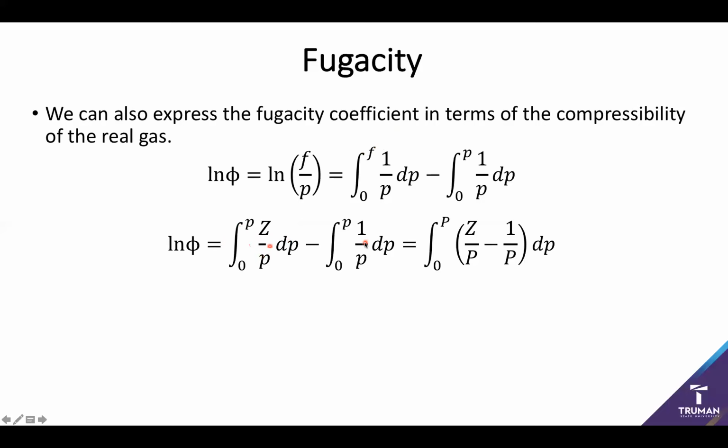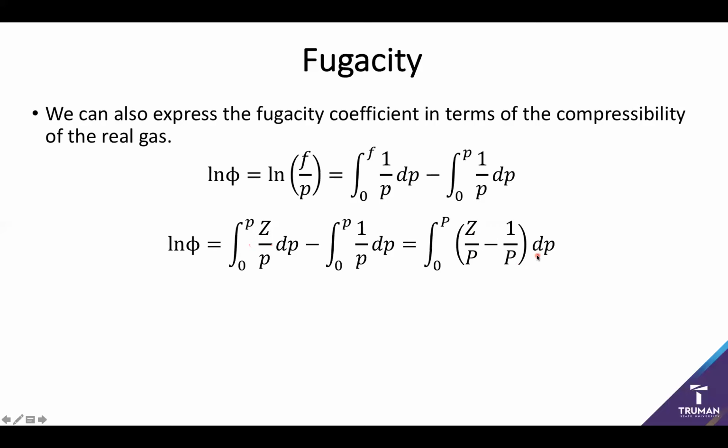Now, these two integrals are exactly the same except for this Z expression. So we can generate the natural log of our fugacity coefficient in terms of the integral from 0 to P of our compressibility factor over P minus 1 over our pressure dP.